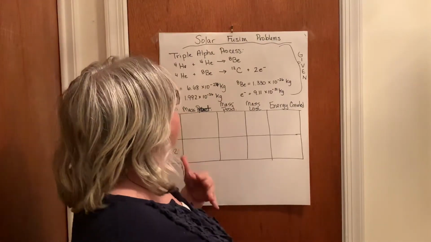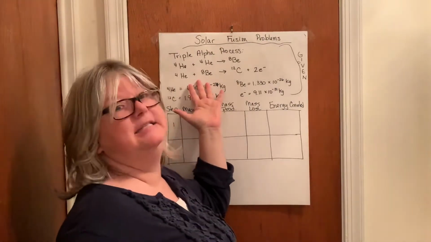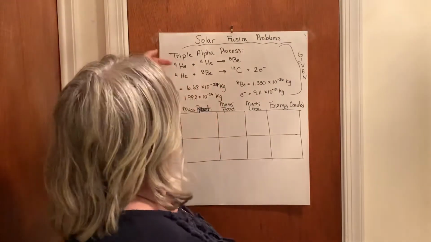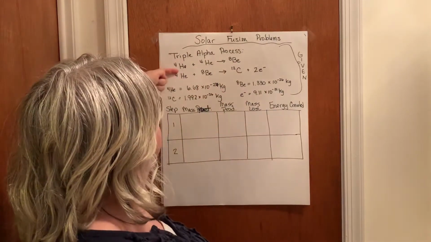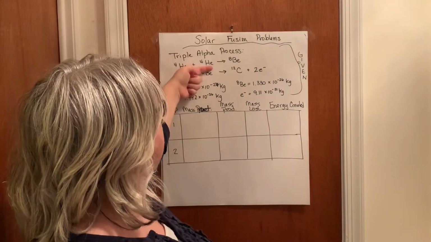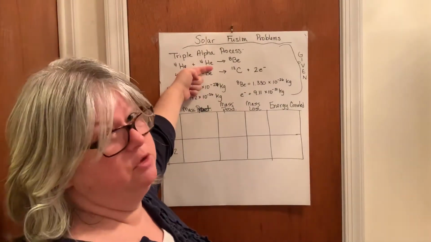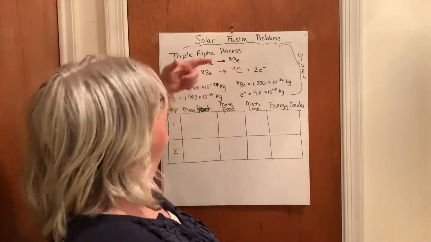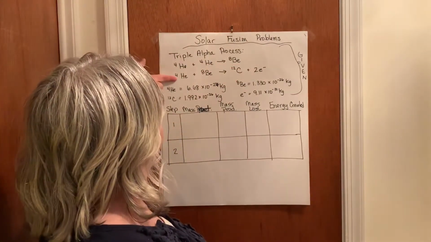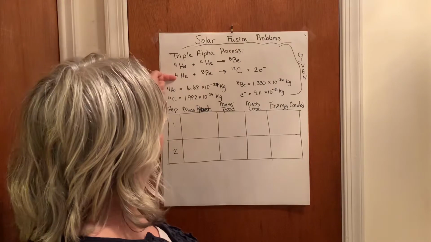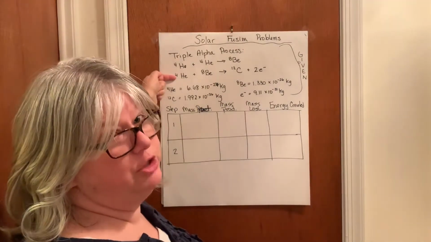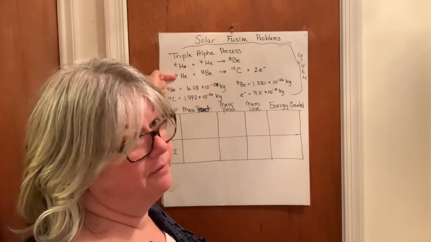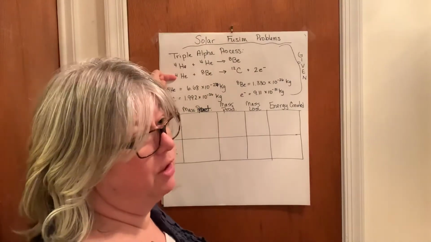So my reaction, triple alpha, is in 2 steps. My first step, my helium nucleus reacts with a second helium nucleus to produce beryllium. That's step 1. Step 2, another helium nucleus, which if you remember is what we called an alpha particle.